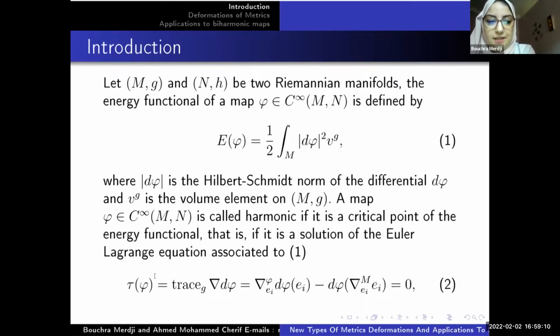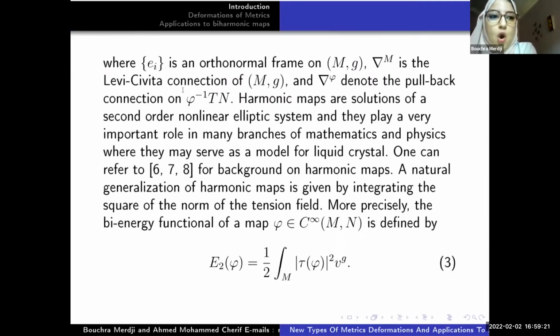That means that the tension field of the map varphi, which is given by the trace of nabla d varphi, vanishes, where this frame is an orthonormal frame on the manifold M equipped with the metric G. Nabla M is the Levi-Civita connection of M equipped with G, and nabla varphi denotes the pullback connection on the inverse tangent bundle of the manifold N.